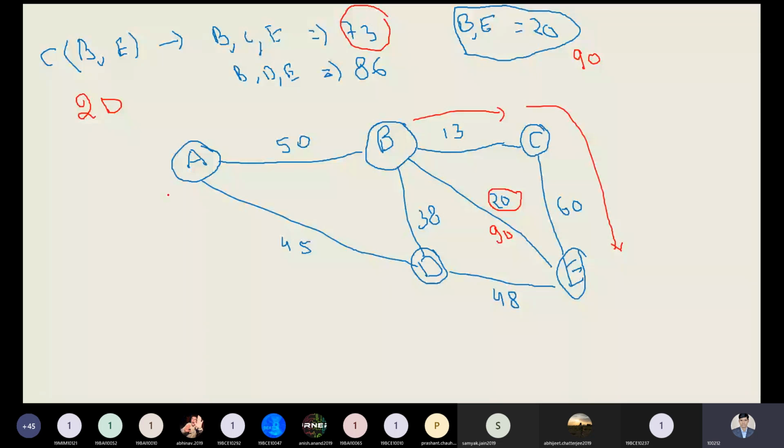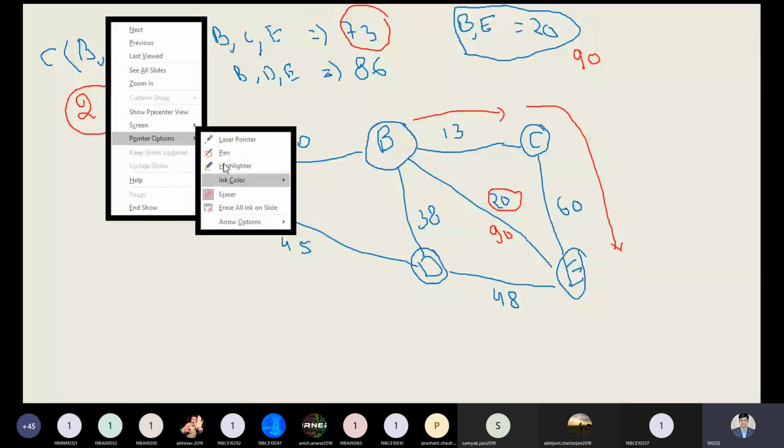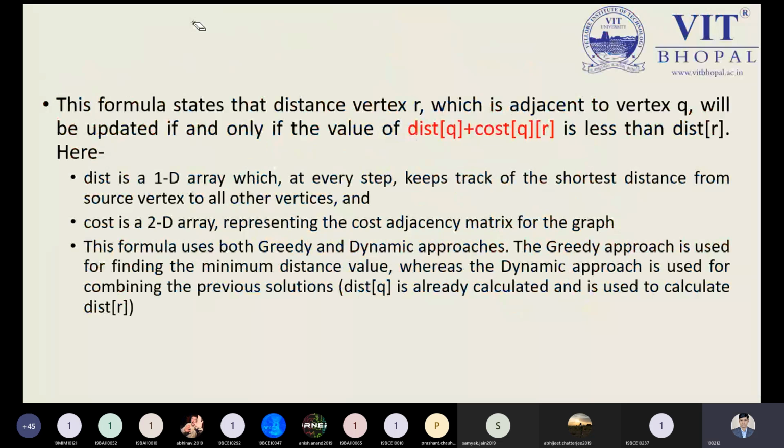So the cost between any two different vertices will be determined by the two-dimension array. So it is not 1D, it is two-dimension. Okay, it is 2D. So this is the point you need to keep in mind. Let me write the correct thing, because I will save this PPT for notes purposes.